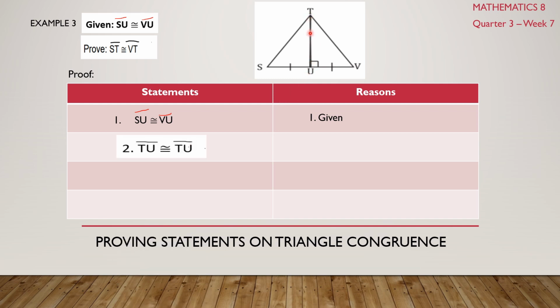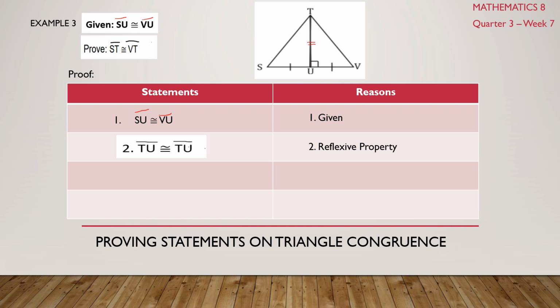If we separate these two right triangles, we will have right triangle SUT and right triangle VUT, and they both share side TU. So our reason is reflexive property. Let's mark side TU.